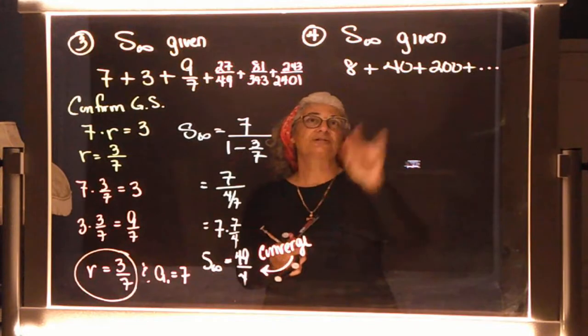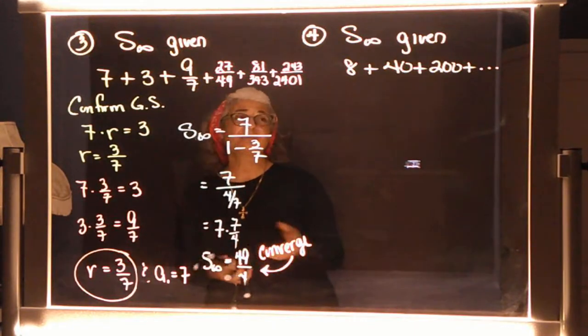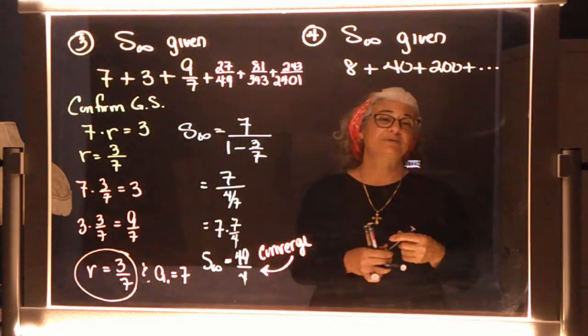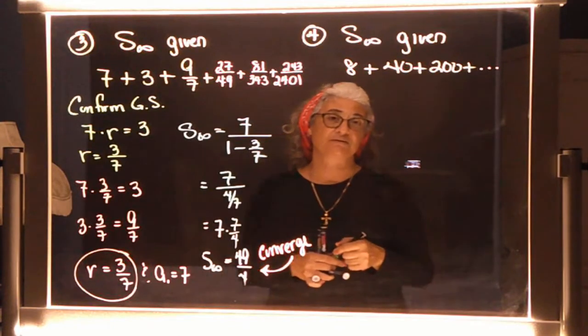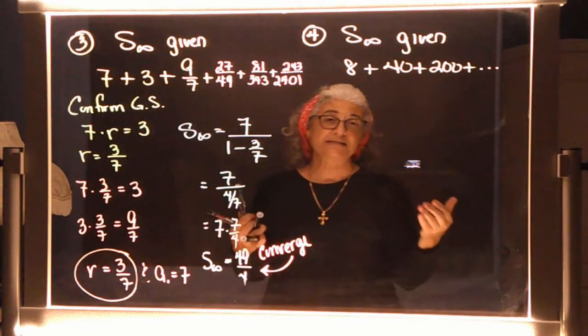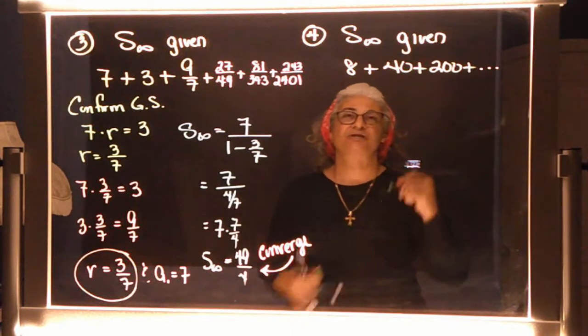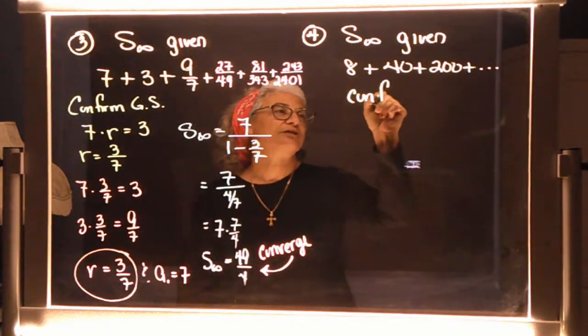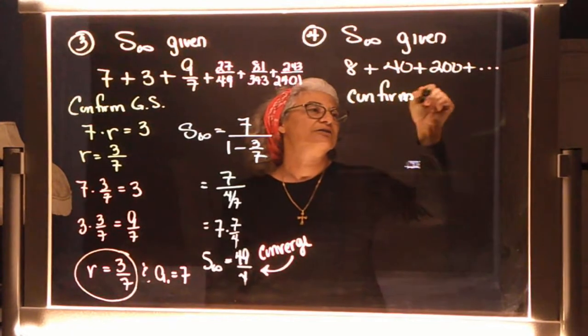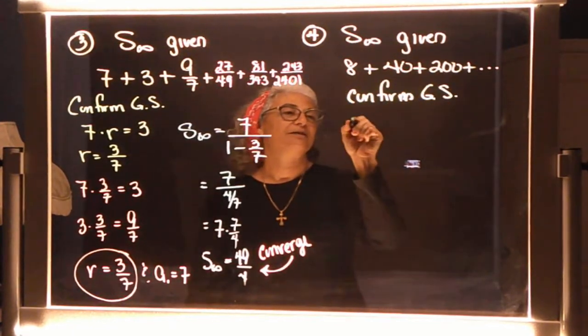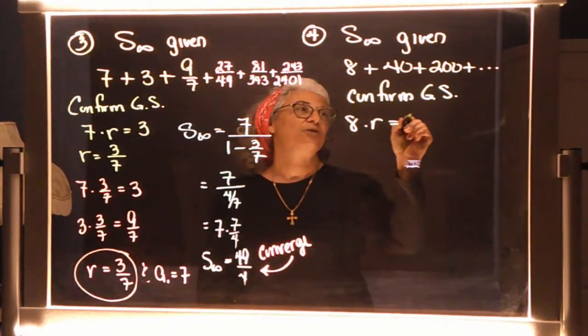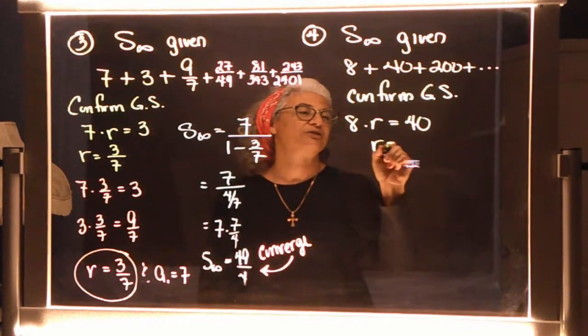Okay, let's look at this fourth one. Same question. They're asking me to find the sum of the infinite sequence. And the only sequence I can find the infinite sum of is geometric. So I have to confirm that it's a geometric sequence. Again, first term times a common ratio needs to equal the second term.